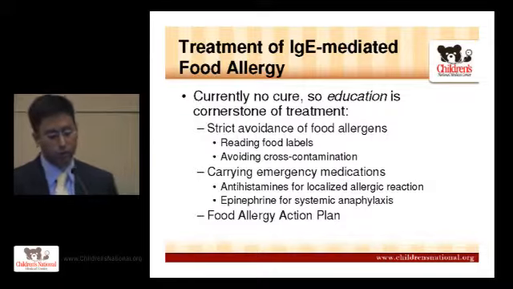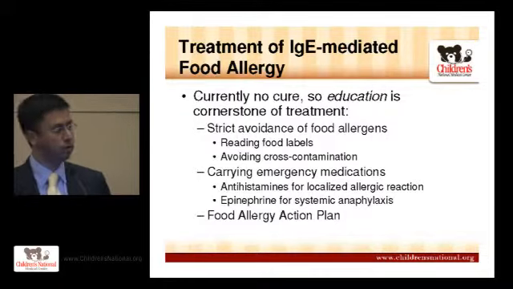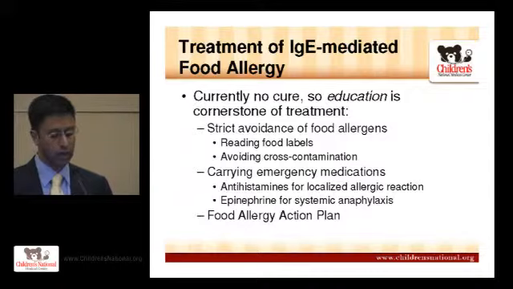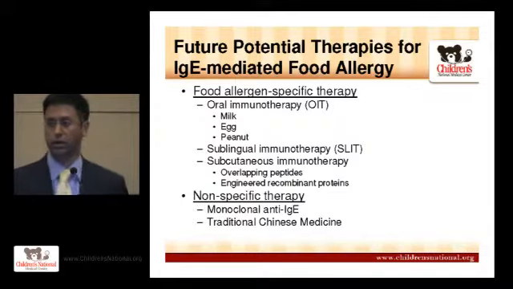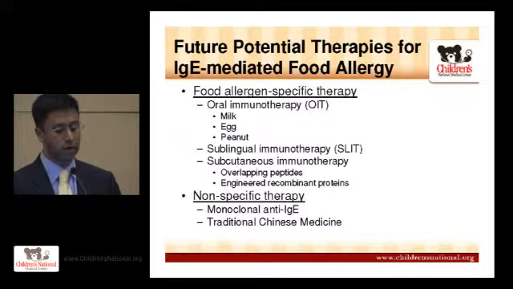Treatment is really centered around avoidance of the food allergen and carrying emergency medication. So we advise patients to always have antihistamines and epinephrine on hand in case of an allergic reaction. The future therapies for food allergy that are being investigated right now are actually quite exciting, and there's been a lot of attention recently on oral immunotherapy for milk, egg, and peanut.